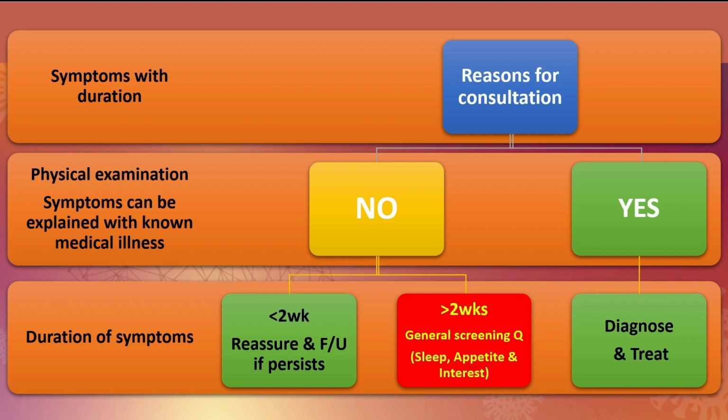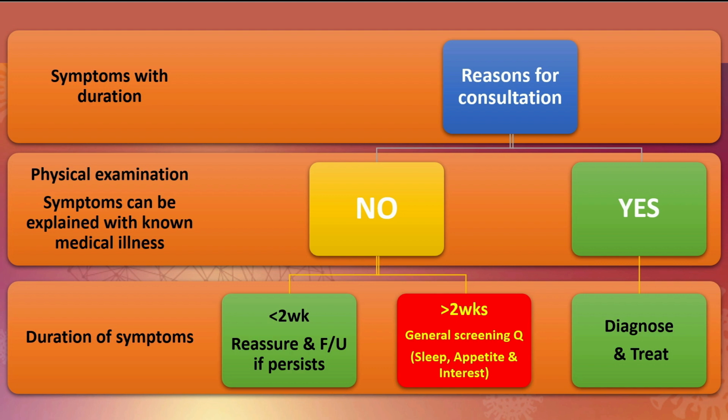questions. I'll repeat. If you are unable to attribute the symptoms to a medical condition and you suspect a psychiatric condition, if the symptoms are less than 2 weeks, reassure them, and if the symptoms do not decrease, ask them to come back after 2 weeks.